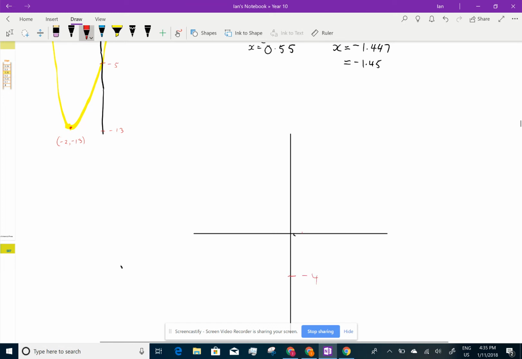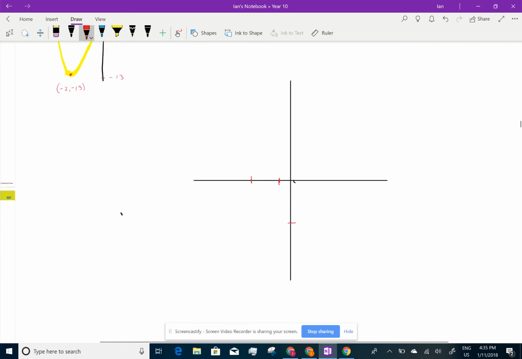My root is negative 0.55. Negative 0.55 puts it about there. Negative 1.45 puts it about there. I might move that 4. It's too close. Put it down here. Negative 4. That makes it better.